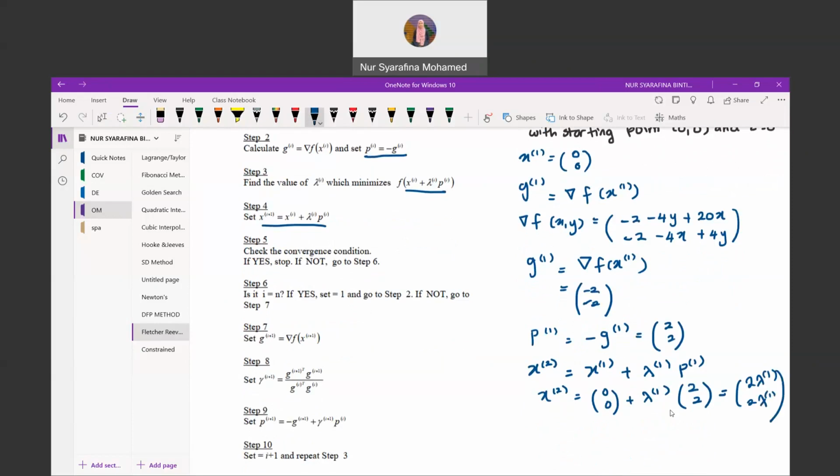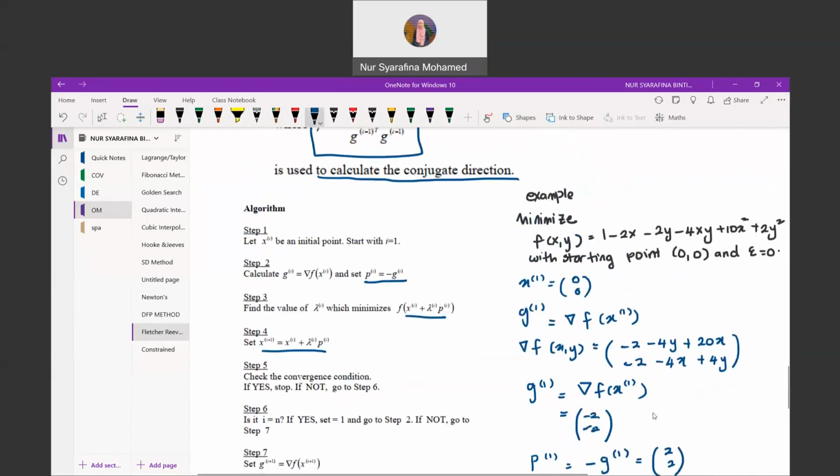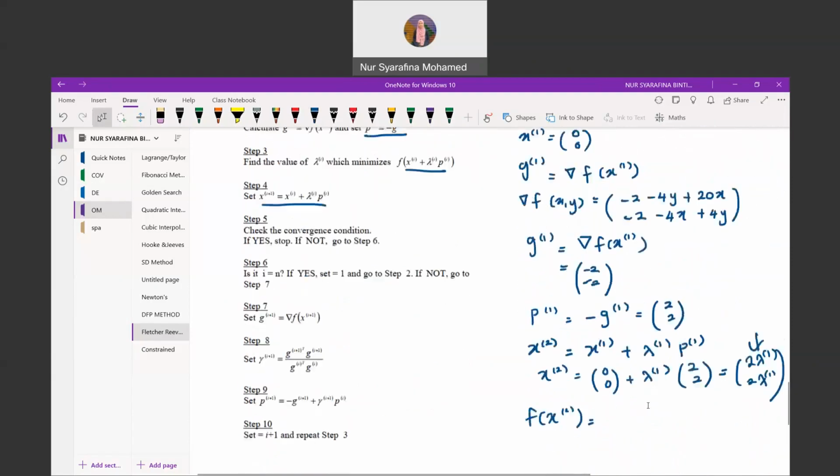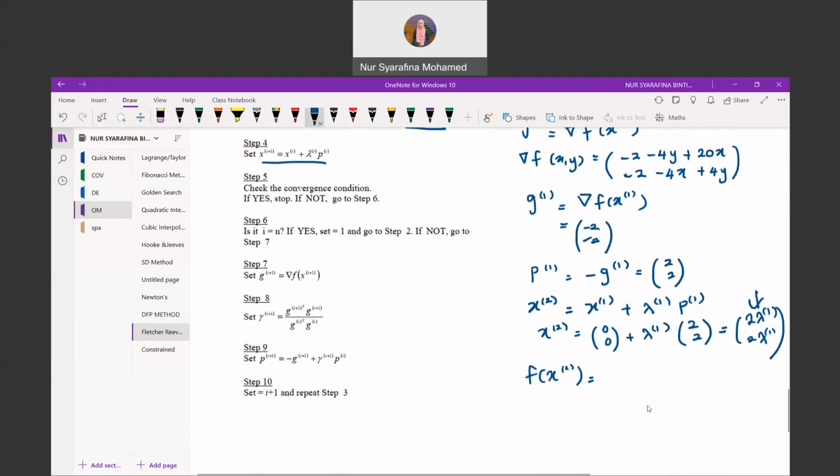Substitute this x2 into f, just substitute the point into function f. Then we are going to have f(x2), which equals 1 minus 8 lambda 1 plus 32 lambda 1 squared. I just omit the writing style here so that you can differentiate the one from the power. So this is f(x2).